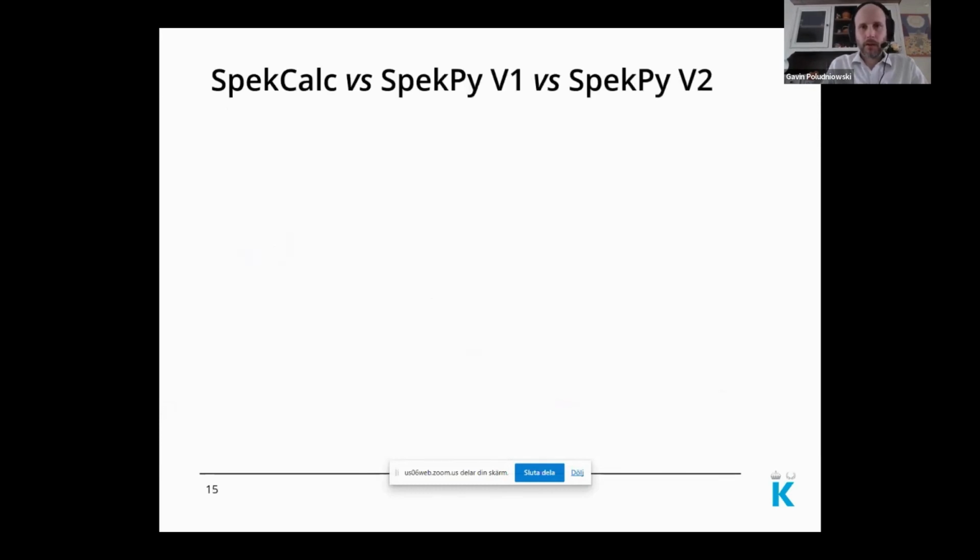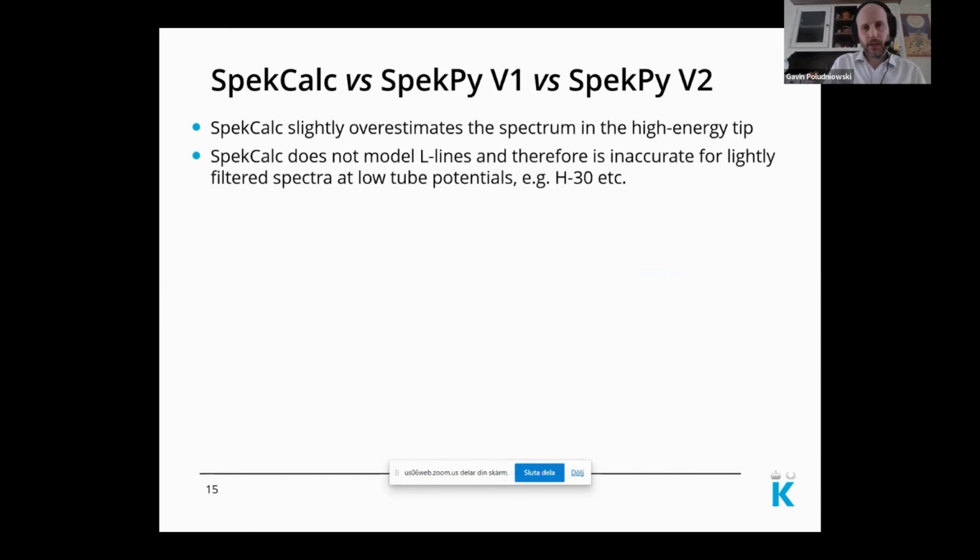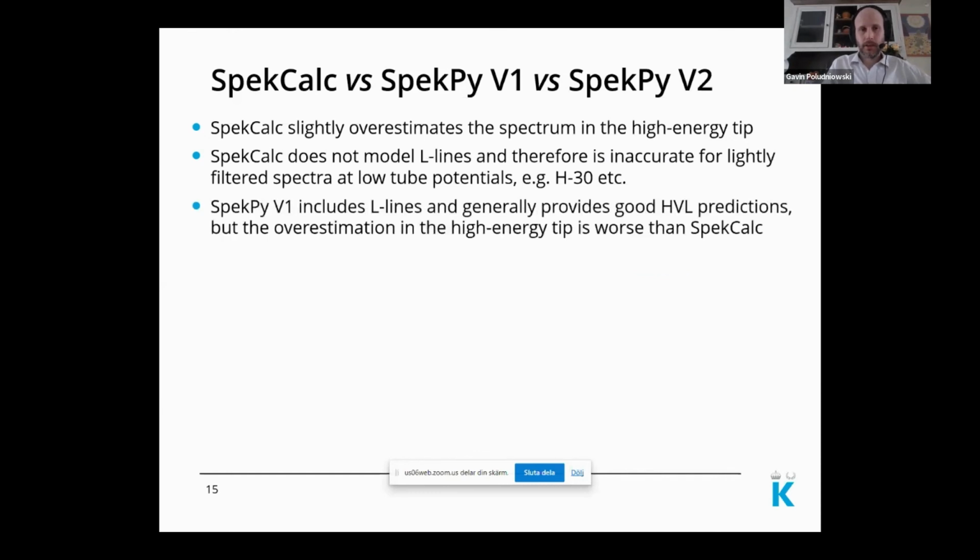So I've talked about SpecPy version 2 and 1 and the older SpecCalc program that I was involved in historically. How do these compare? SpecCalc slightly overestimates a spectrum in the high energy tip. It also doesn't include L lines, therefore it's inaccurate for lightly filtered spectra at low tube potentials, for example, the ISO spectra H30.